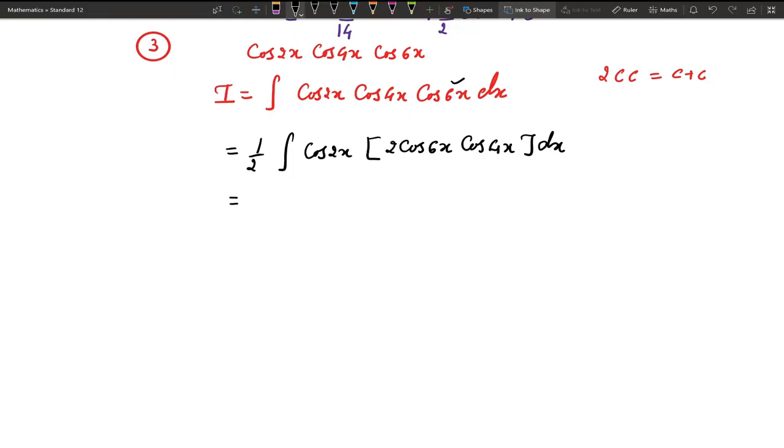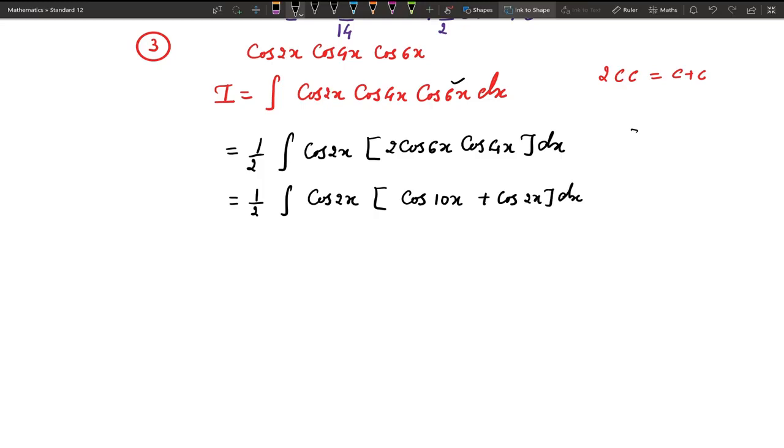Using that particular result, this is nothing but the integration of cos 2x times (cos (6x plus 4x) plus cos (6x minus 4x)) dx.